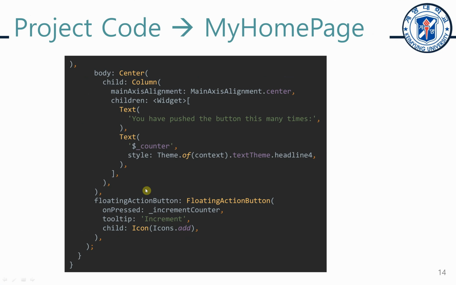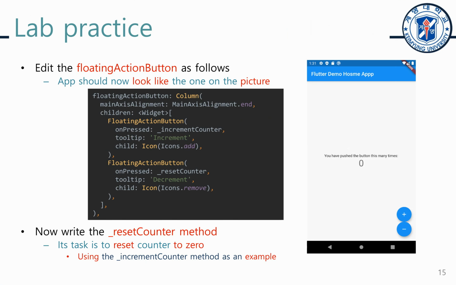So my assignment or lab practice for you was supposed to be updating this counter app, but you cannot practice this in lab, so this is like an assignment for you.